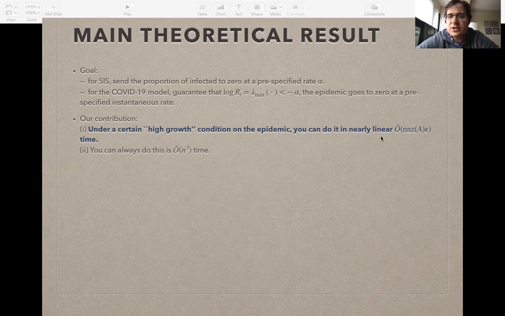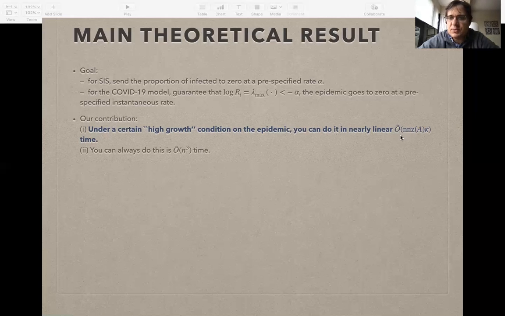The notation here is O tilde, where the tilde hides some log factors which are not shown here. The problem is specified by the entries of the matrix A, which tells you how the various nodes of a network interact, as well as the various other coefficients like the betas and gammas.